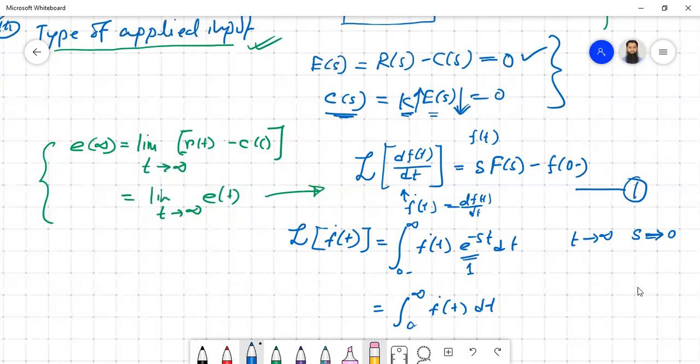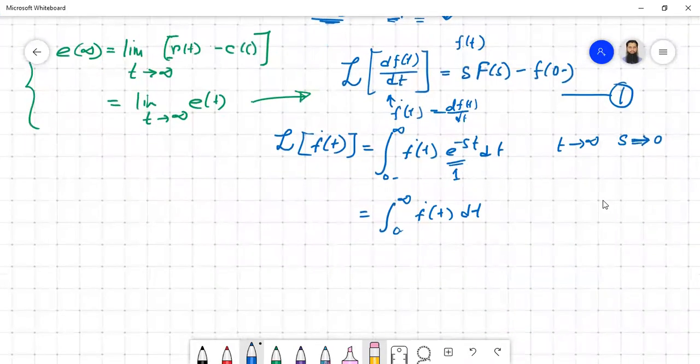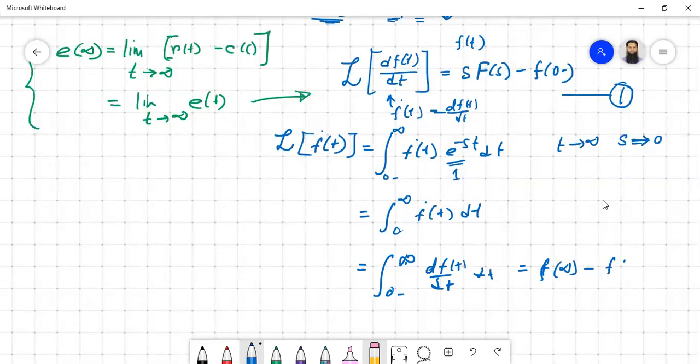Already f dot t is actually a derivative, so integral from 0 minus to infinity of df(t) by dt. The dt gets cancelled out. Now if you apply the limit, what is left is f infinity minus f0.